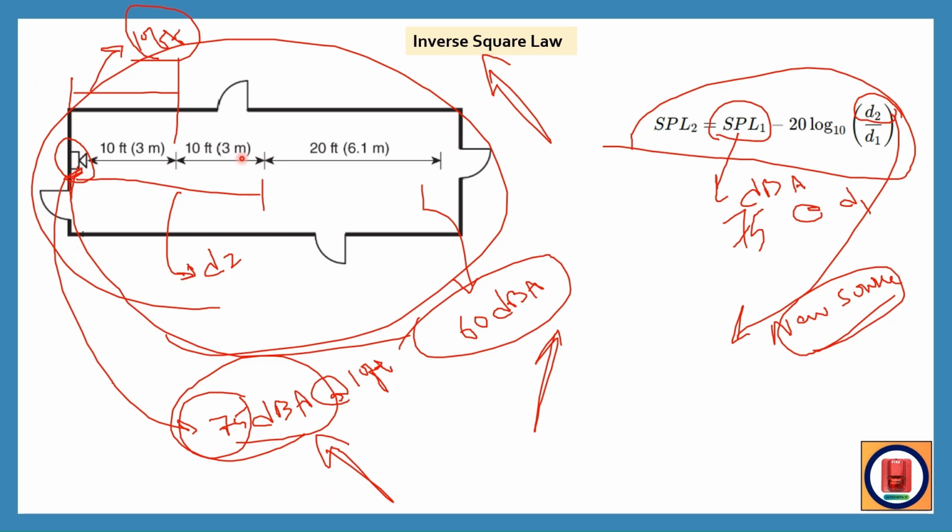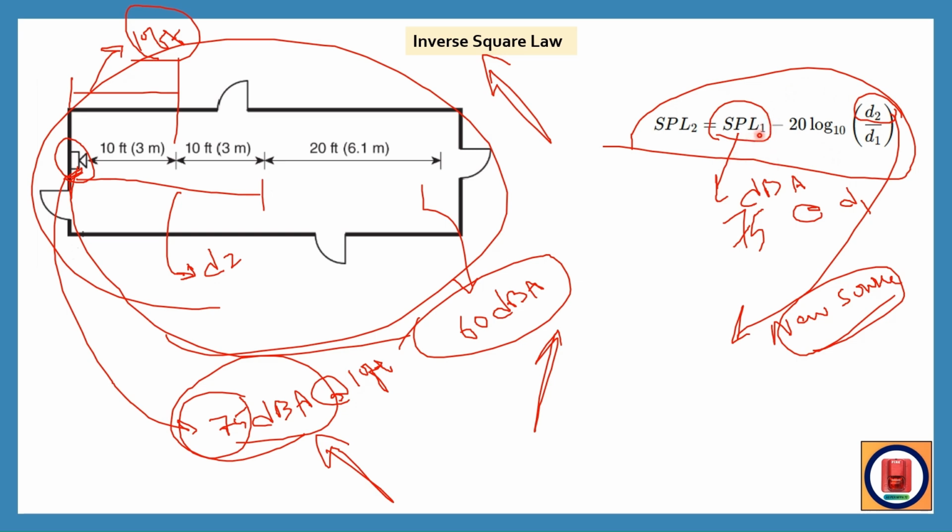So D1 is the reference distance provided by the manufacturer. D2 will be the new distance. D2 will vary always whenever we try to calculate the dBA rating as the distance from the source increases. And 20 log 10 accounts for free field sound loss. No need to remember that.